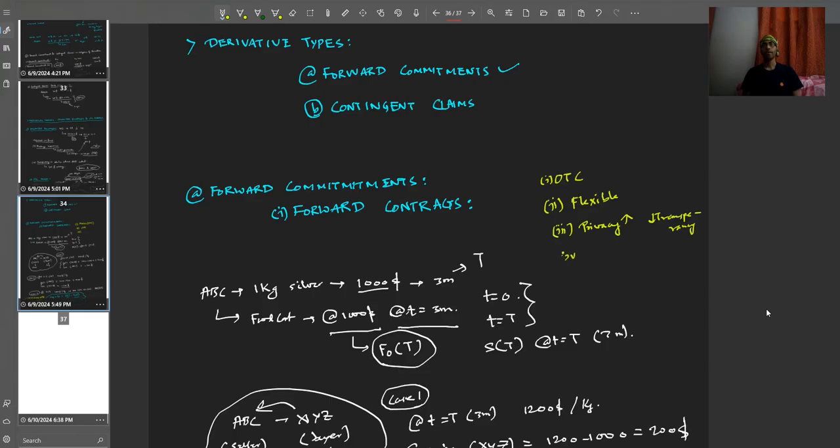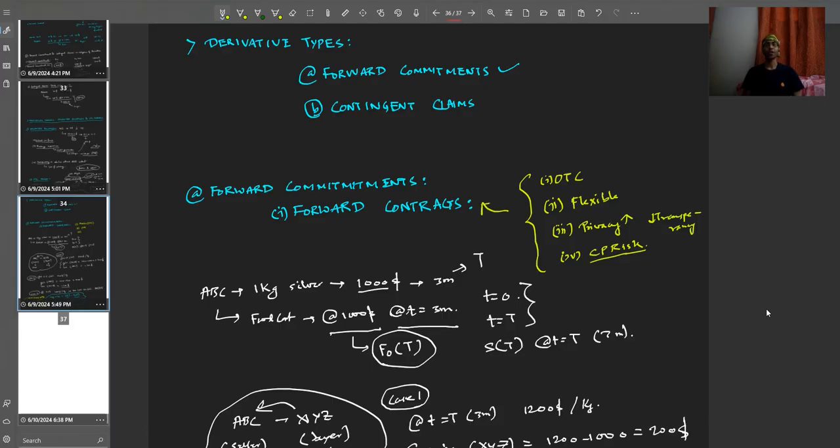Fourth, and the biggest worry of it all, is counterparty risk. This means for any reason one of the parties, mostly when there is a loss to be made by that party, may not fulfill the commitment made through the contract. So these are the 4 main features of a forward contract.